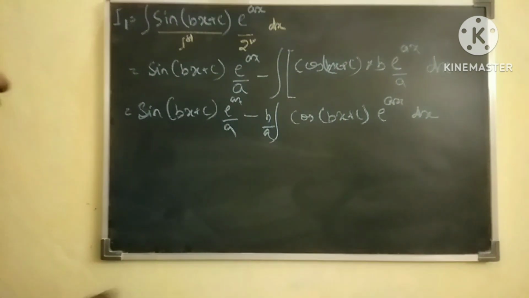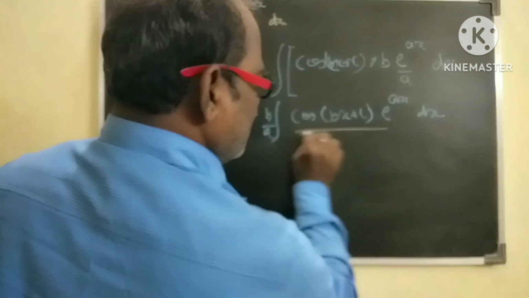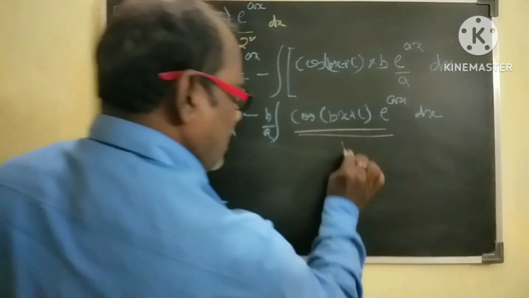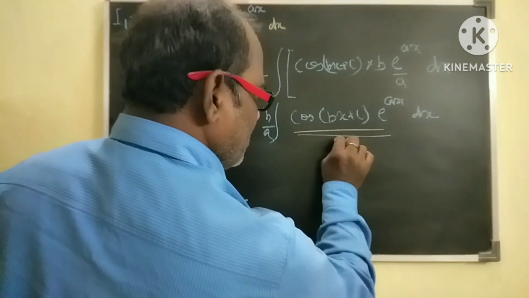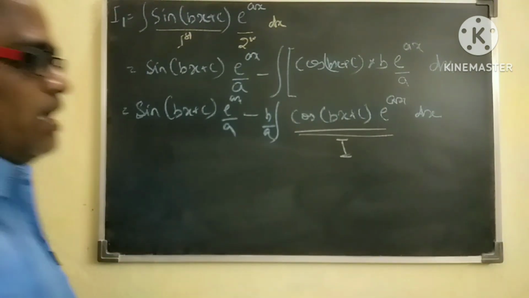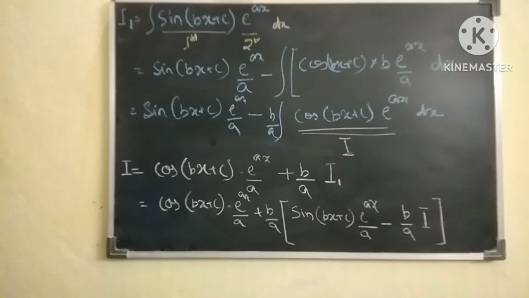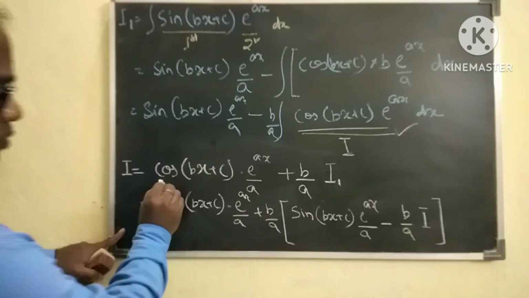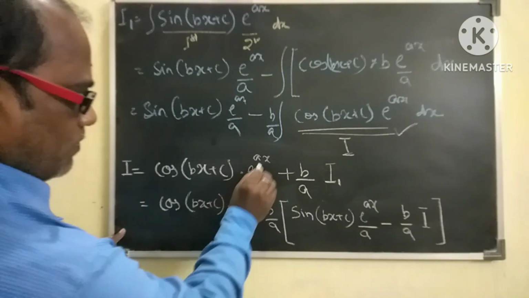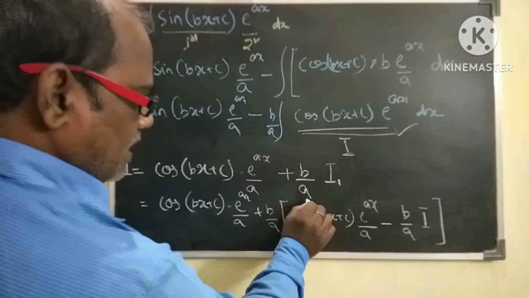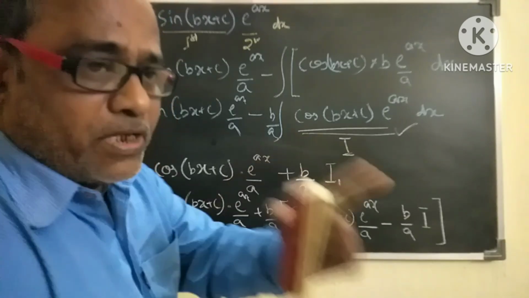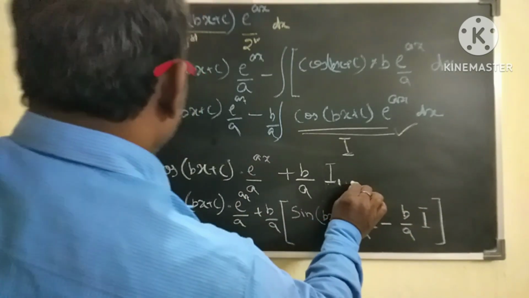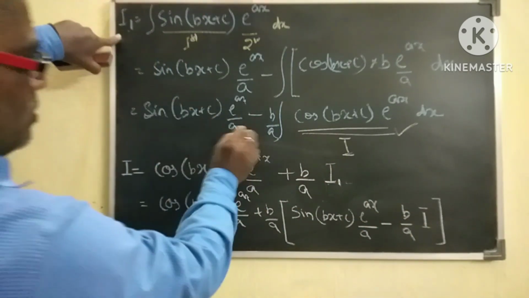Now see, this is what we have considered as I. Now putting the values in the equation, we know that I equals cos(bx + c) e^(ax)/a plus (b/a) I1, which we got earlier.